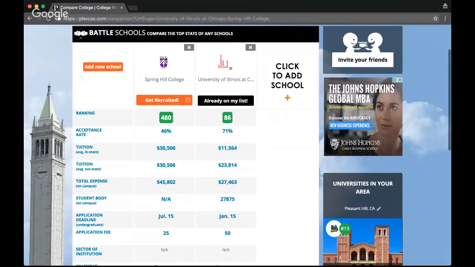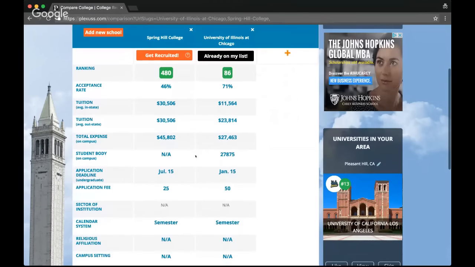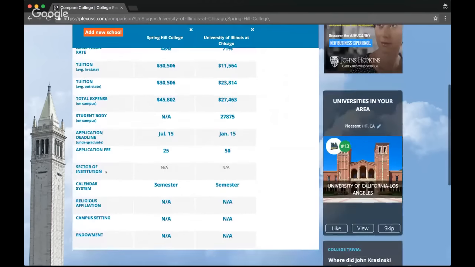If I was interested in doing so, I'd just click on that Get Recruited button. You can see ranking information. This is the Plexuss ranking, so this is a good gauge of the quality of schools on the system. We have acceptance rates, tuition, total expenses for on-campus living here, student body, application deadlines. So there is a good amount of information.